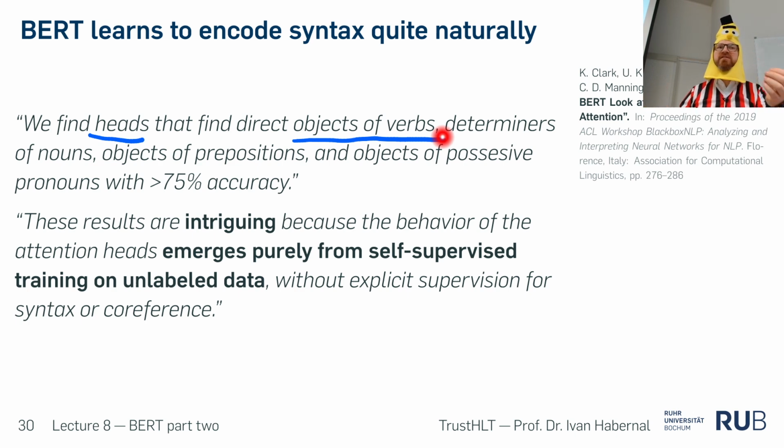It also finds determiners of nouns and objects of prepositions. In "I was in the school," "in" and "school" have a strong association. Based just on this strength of signal, you can classify these linguistic categories with good accuracy.